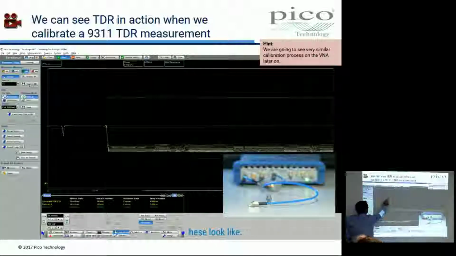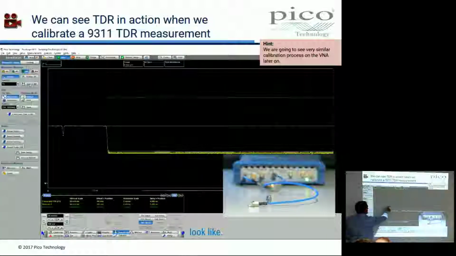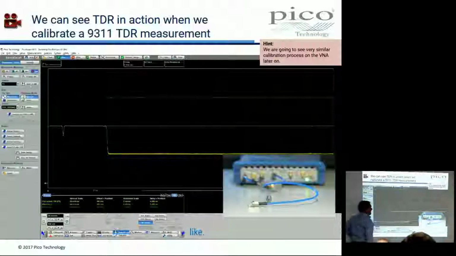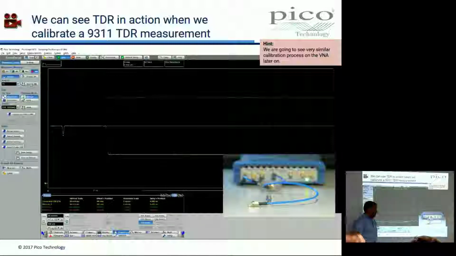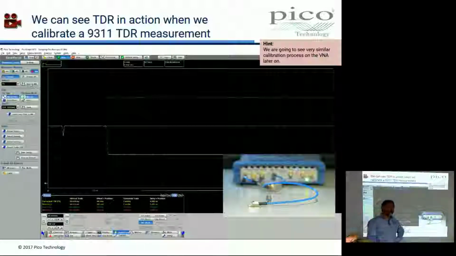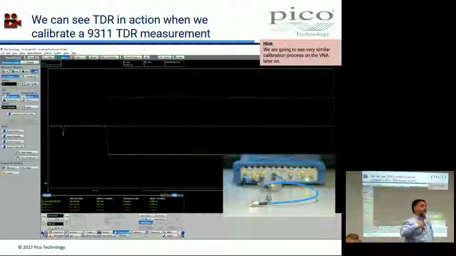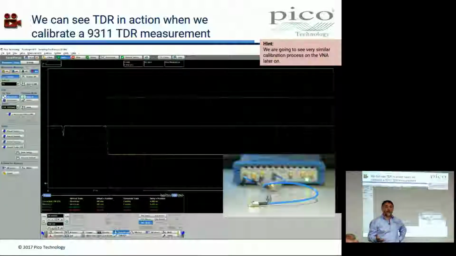So I've saved the open as a green trace. I've saved the load as a yellow trace. And I'm going to save this one as a red trace. Now, the reason I'm showing you this is because we're going to use exactly the same process to calibrate a VNA.